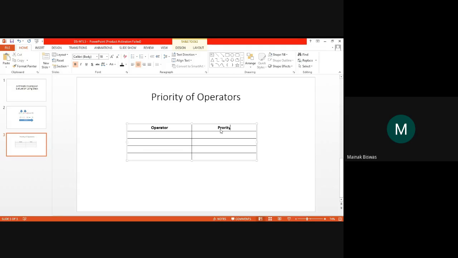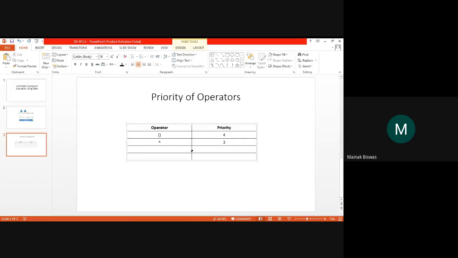So in a BODMAS rule, what happens? The brackets have a greater priority. Sorry, this is our operator. So let us fix this priority as 4. Then comes the exponential operator. Its priority is 3.